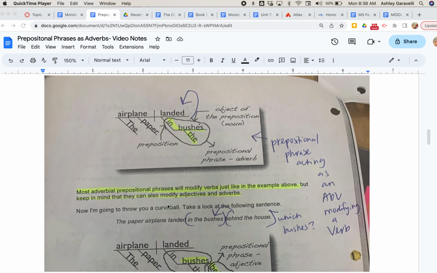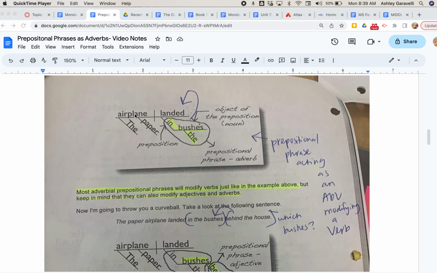Here's the same sentence that we just talked about. You have airplane subject, landed verb. The and paper are both adjectives modifying airplane. We talked about how in the bushes was a prepositional phrase telling us where it landed. So in is your preposition, bushes is your object, the is your adjective. It's underneath landed because it's modifying landed.